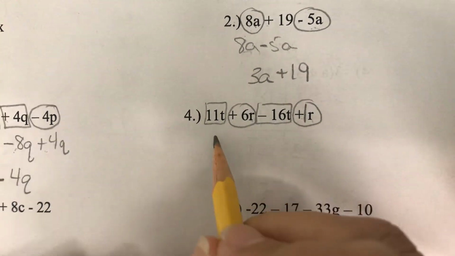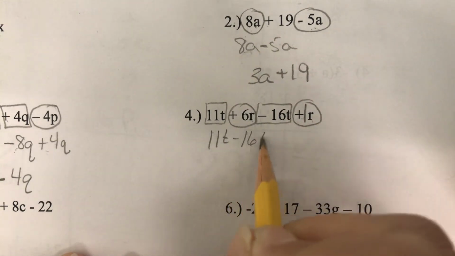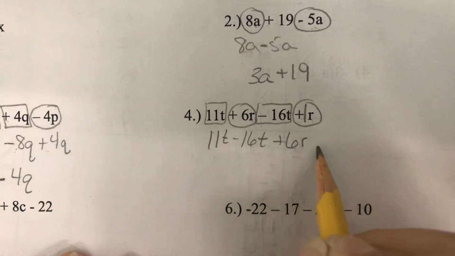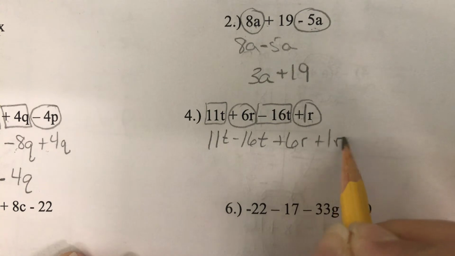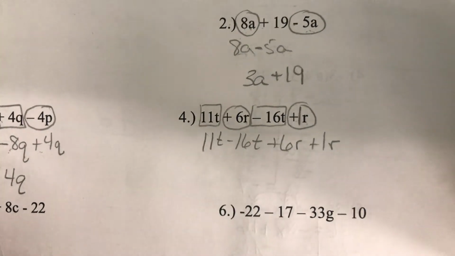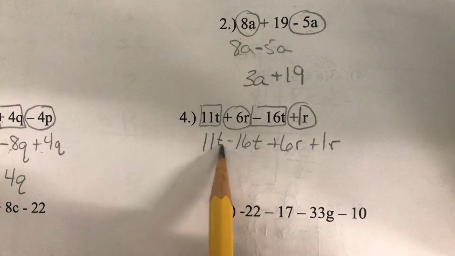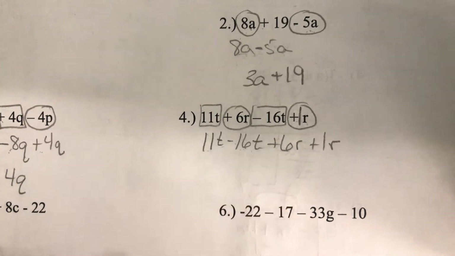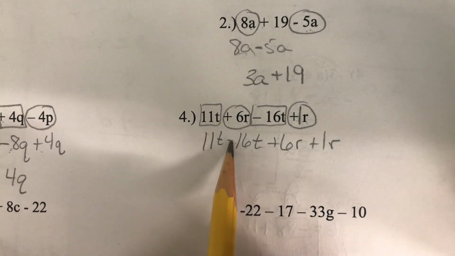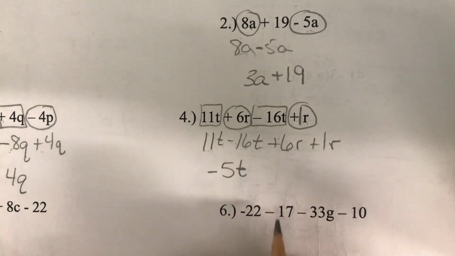If we're regrouping, 11t minus 16t and then 6r, or positive 6r, plus 1r. Again, if you're a little unsure here, with 11t minus 16t, use your calculator. 11 minus 16 is a negative 5t.